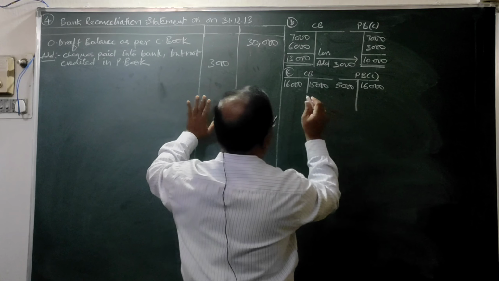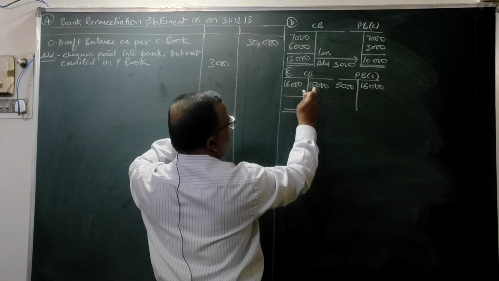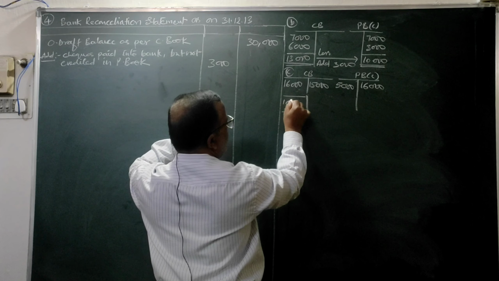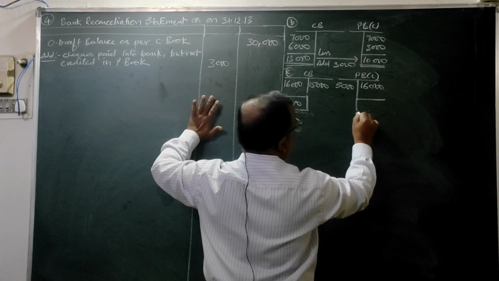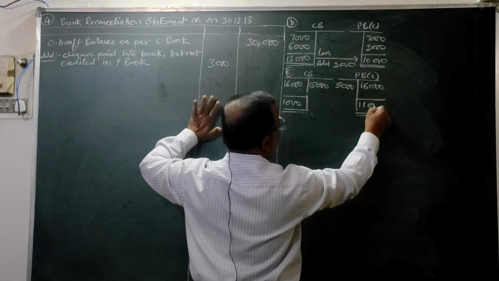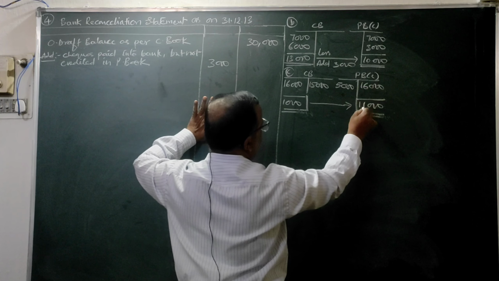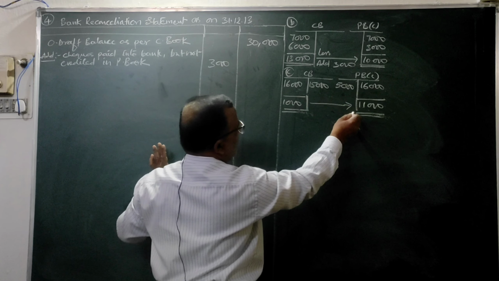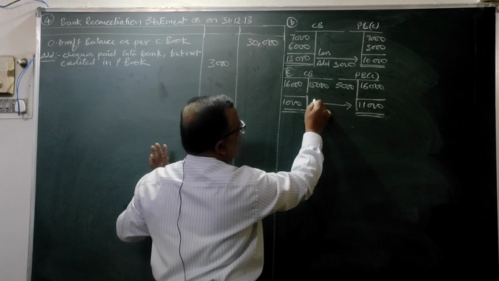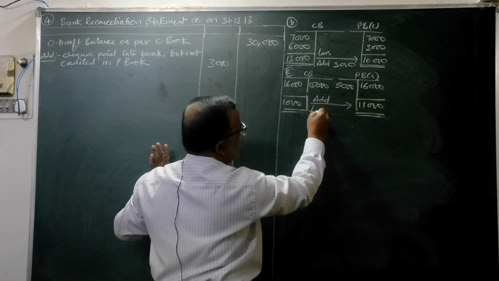So cash book and passbook appear something like this. Cash book, how much it will show? 16,000 minus 15,000. Cash book will be showing 1,000 rupees as balance, whereas passbook will be showing 16,000 minus 5,000, means it will be showing 11,000 as a balance. See, our arrow mark will point towards the constant side. So 1,000 rupees should be converted to 11,000. So to this, ordinarily we should add. Since this is an overdraft problem, opposite of this, that means less.